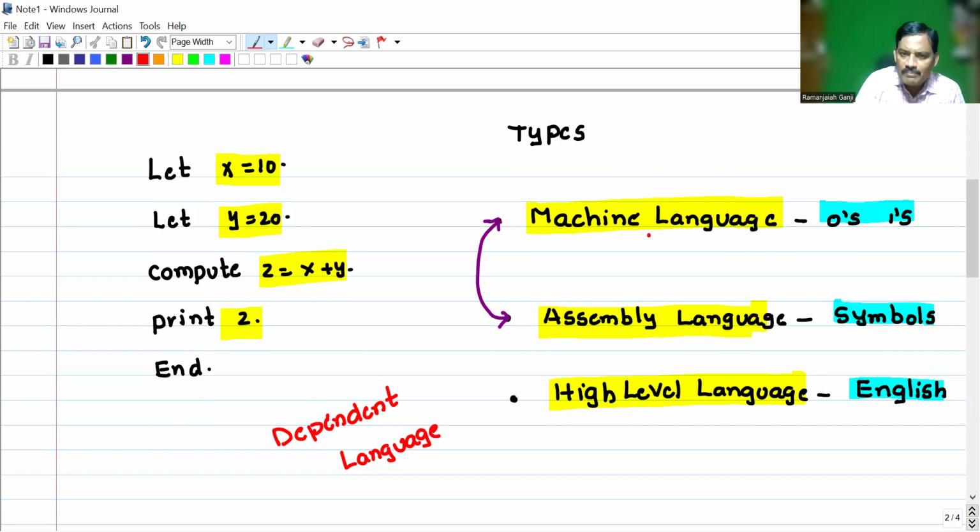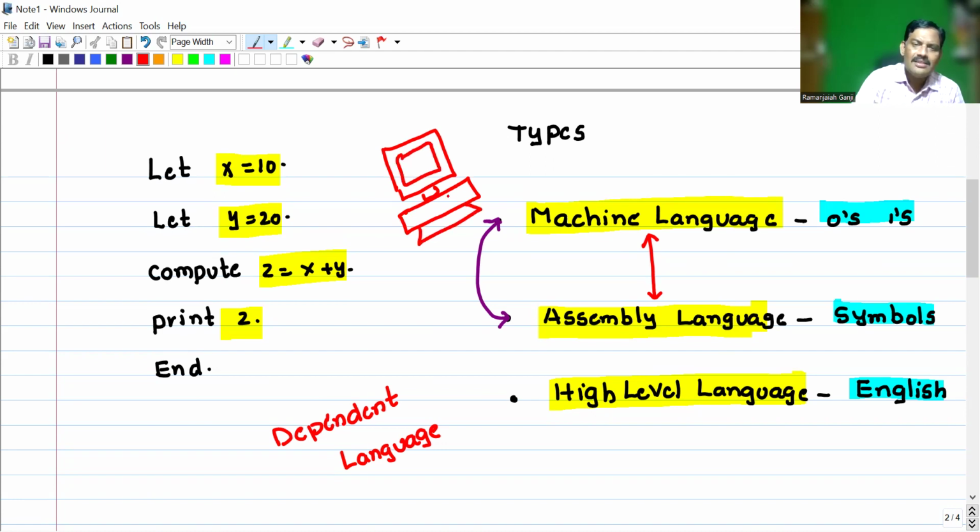But these two components are different. If we have one computer and you write the program on this computer, you are supposed to execute that program only on this machine. If you try to execute this program on another computer, it may not execute because it is a machine dependent language.